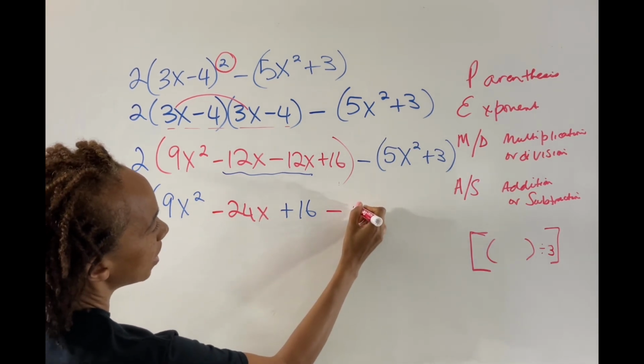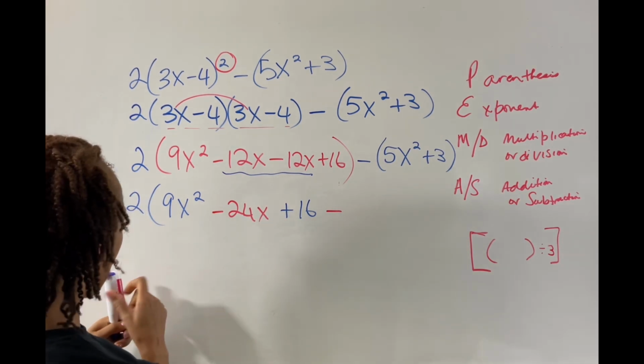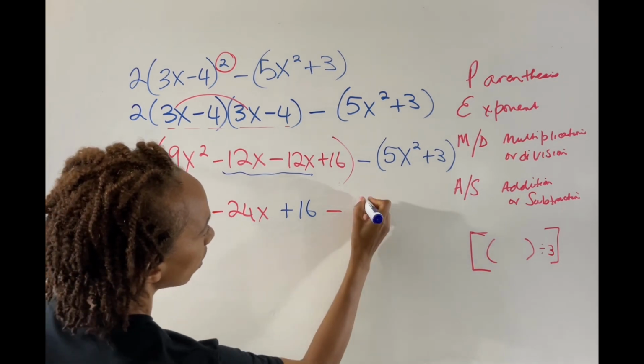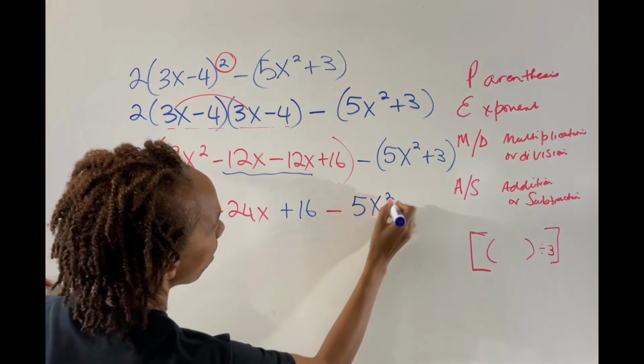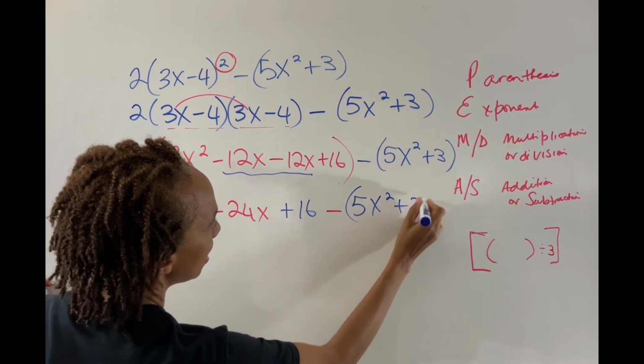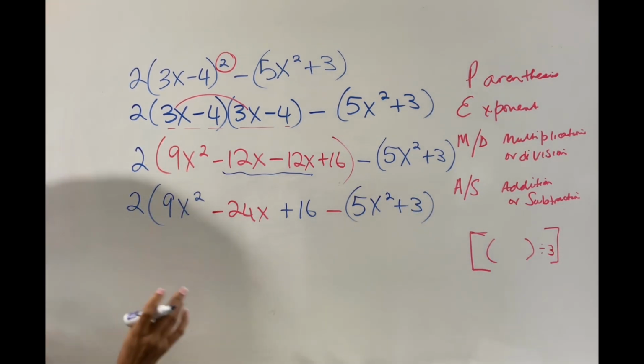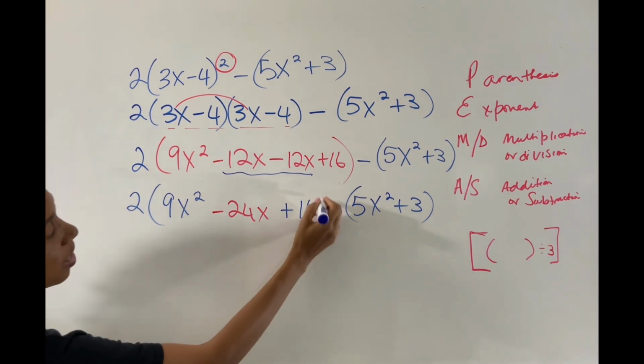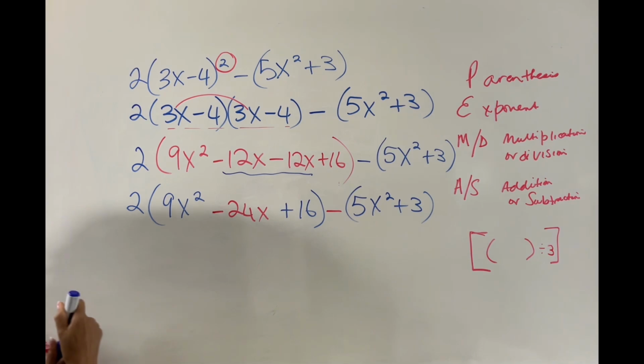And once again, we are going to bring down our 5x squared. Keep it in the parentheses, because if you don't, you're going to run into difficulty, or you're going to get an incorrect answer. So we have this, right? Keep your parentheses there. That is very important.